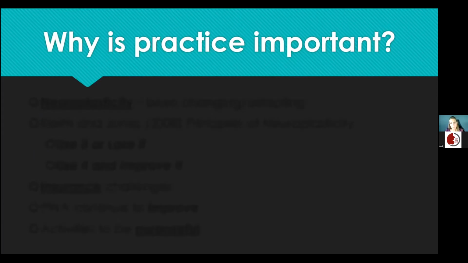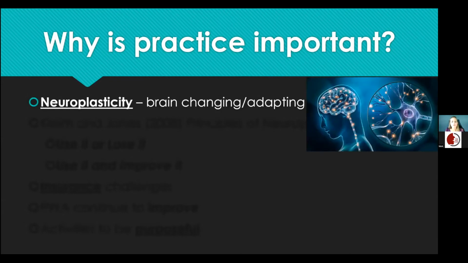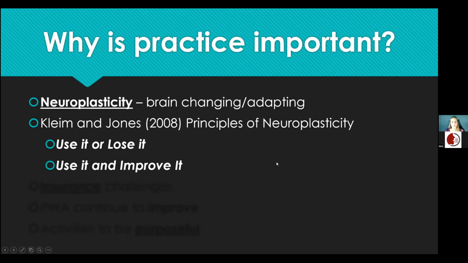So why is practice important? Now, I'm sure a lot of you have probably heard of the word neuroplasticity, but in case you haven't, it's just a fancy word for your brain's ability to adapt or to change from some sort of experience. And we know that aphasia therapy helps to promote neuroplasticity. It allows our brains to actually rewire and rebuild neural connections. So there are two people, Kleim and Jones, who have several principles of neuroplasticity.